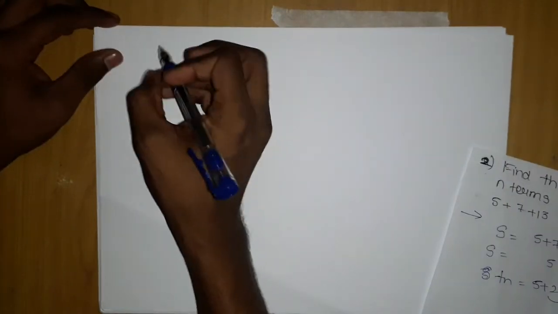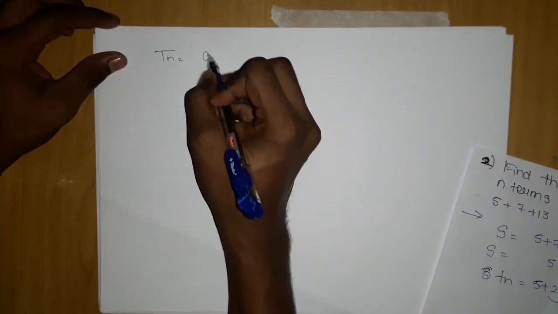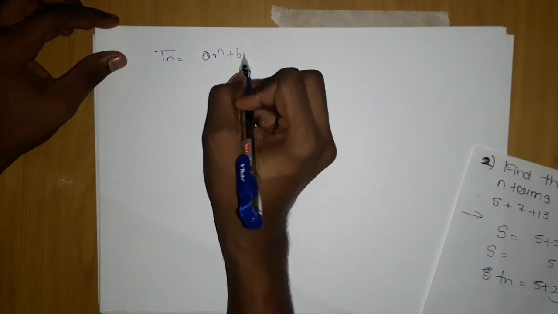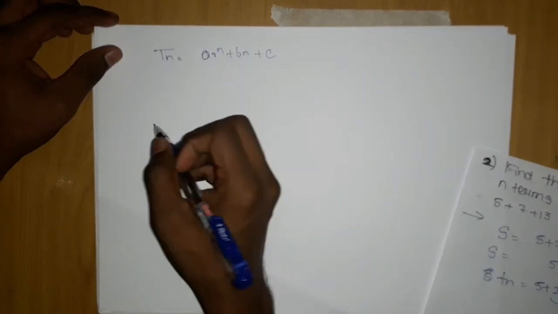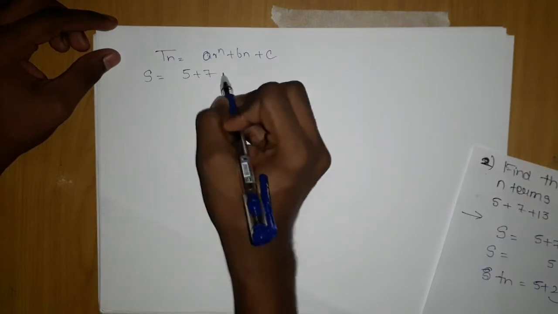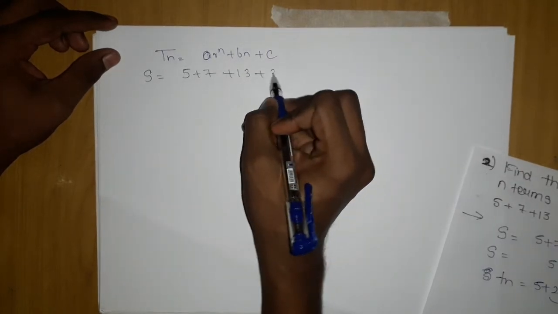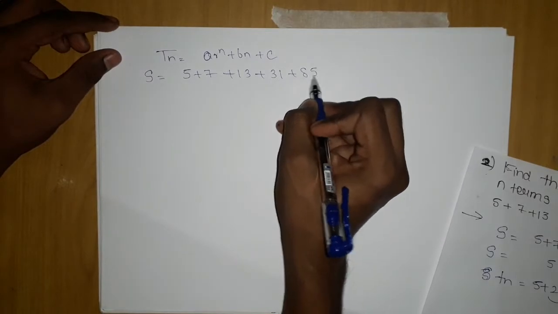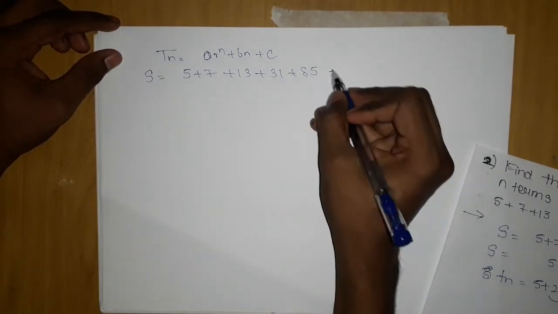The method was using this: Tn is equal to a r^n plus bn plus c. Now you can clearly see, let's write 5, 7, 13, 31, 85.